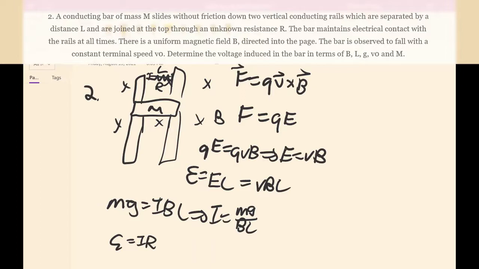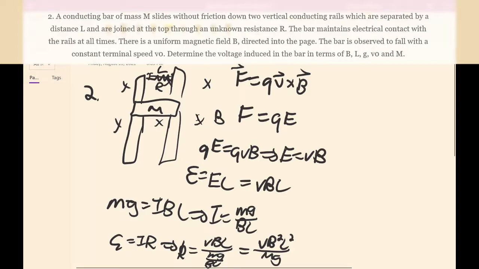So then R is equal to vBL over mg over BL, which is equal to vB squared L squared over mg. So that's the answer for R. And so they all fit nicely if you look at it from an Ohm's law perspective. So that's the answer to problem 2.